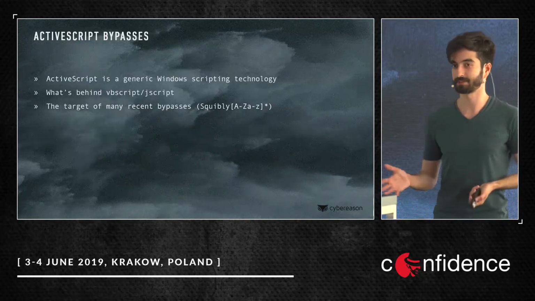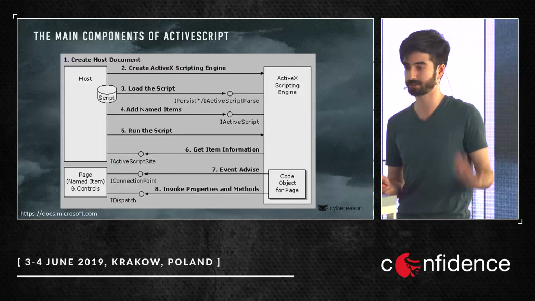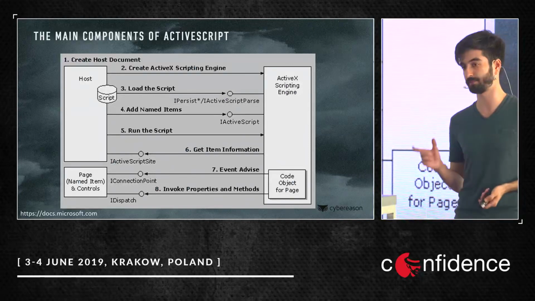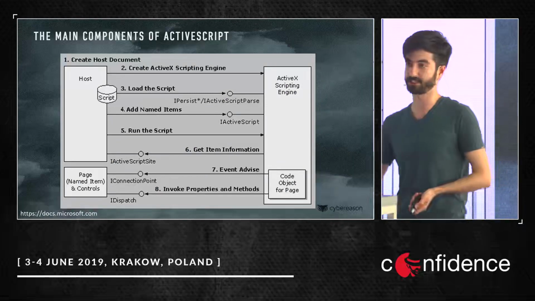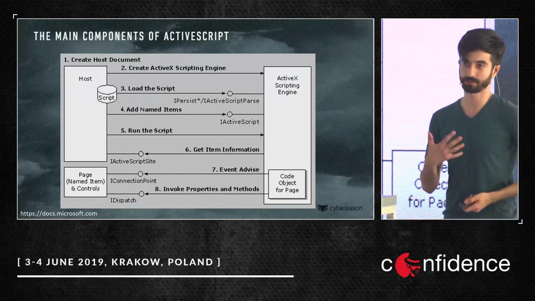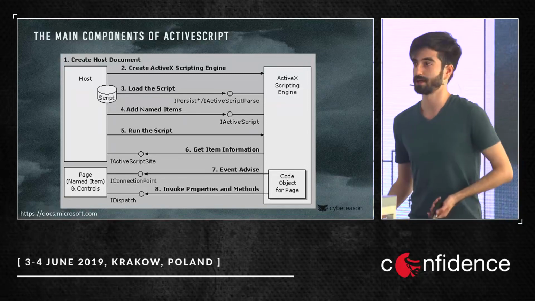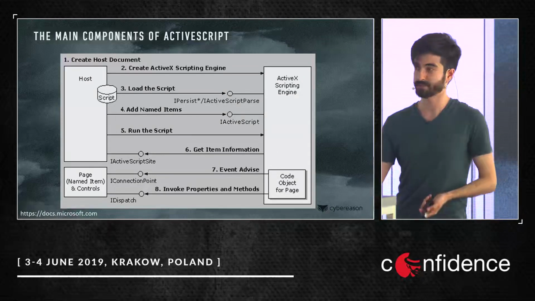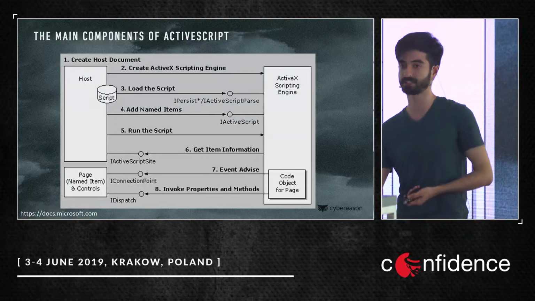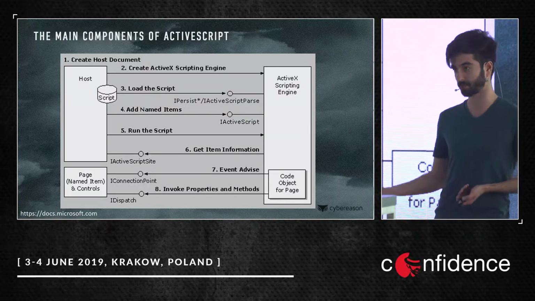So there's a couple different ways to use ActiveScript for bypasses. But first, let's see what ActiveScript is composed of. So we actually have two main components. The first is a scripting host. It's an application compliant with a standard, which you can use any of the engines to script, meaning that Internet Explorer actually implements an ActiveScript host, and this is why you can use both JavaScript and VBScript inside of Internet Explorer.